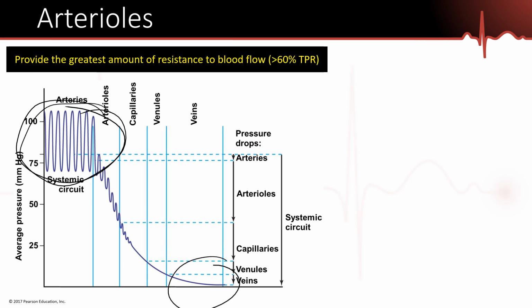Now, there's another reason that there's a lot of pressure within these systemic arteries, but we'll save that for a little bit later. Okay, so the left ventricle very forcefully ejects all this blood out into the systemic arteries.